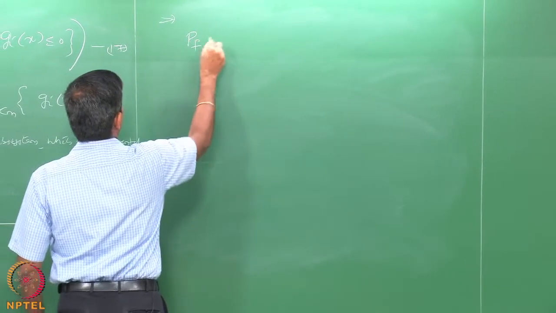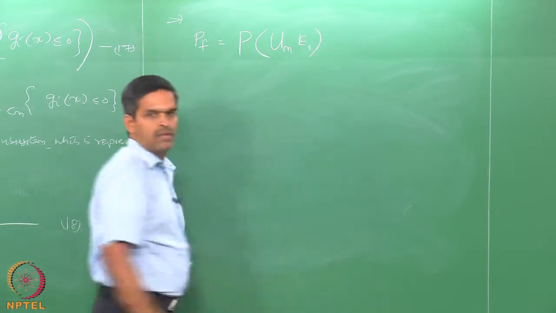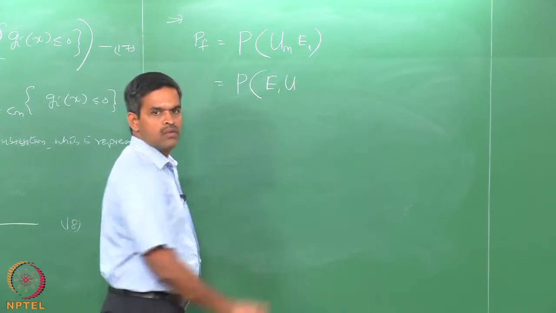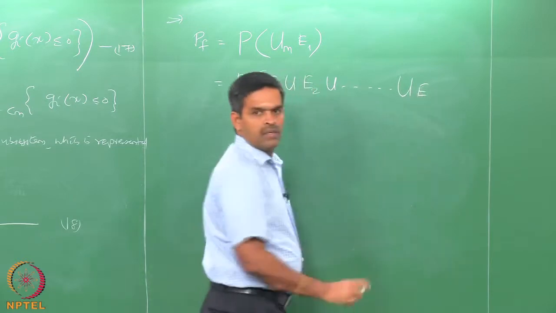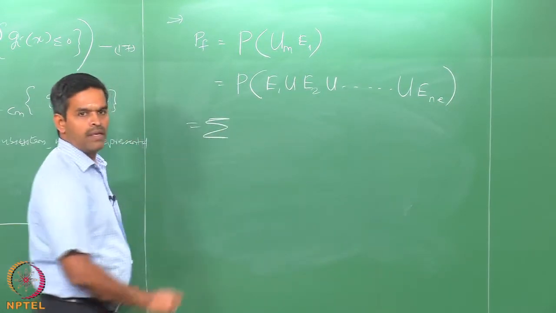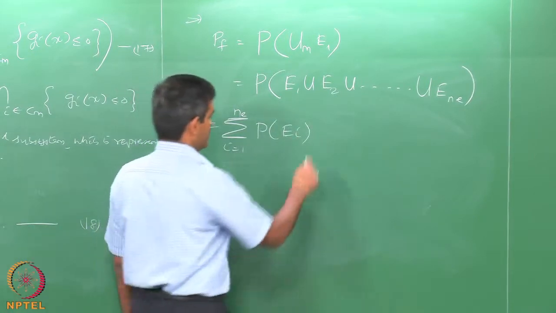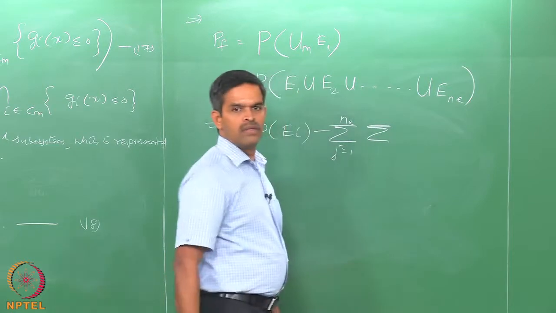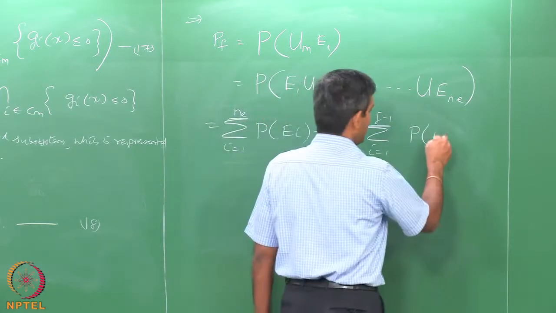So, further, probability of failure can then be written as probability of union of Ei, which can be further read as probability of E1 union E2 union, keep on going, up to NE, which then can be written as summation of i equals 1 to NE of probability of Ei, minus summation of j equals 1 to NE, summation of i equals 1 to j minus 1 of probability of Ei Ej.